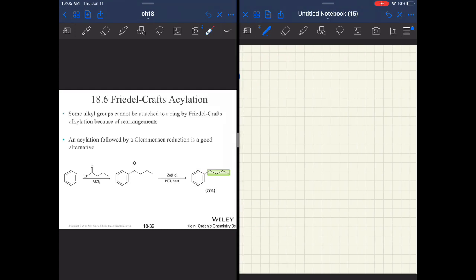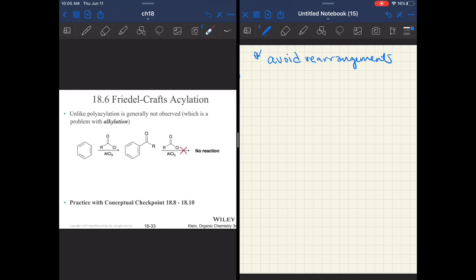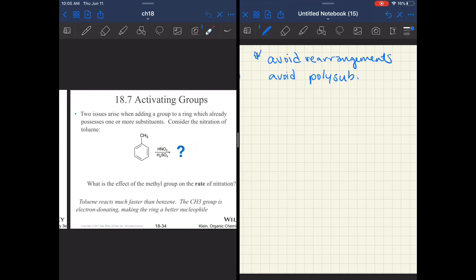All right, so the positives, right, avoid rearrangements. There's a few other positives as well. It also avoids polysubstitution, because once you put on this carbonyl, that's actually electron withdrawing, so it's not likely to add again.